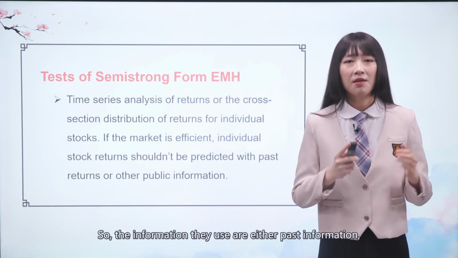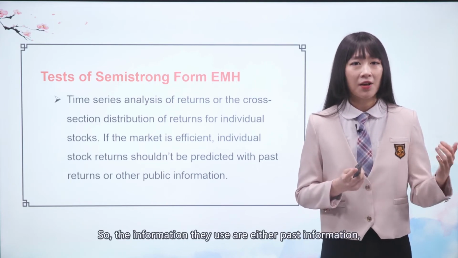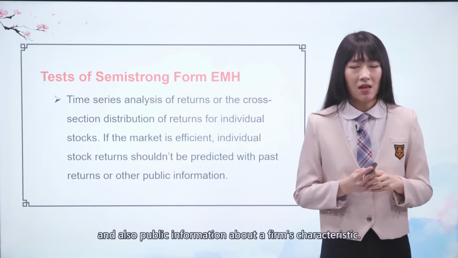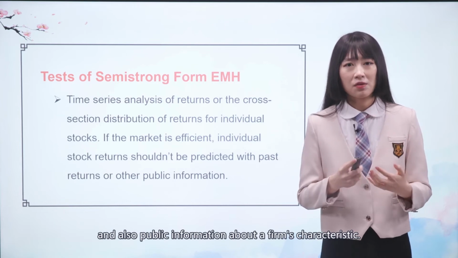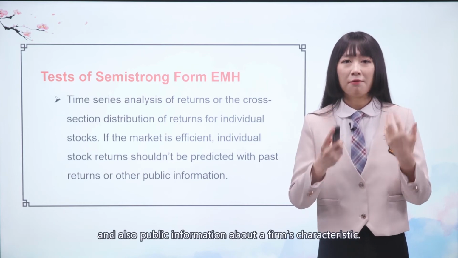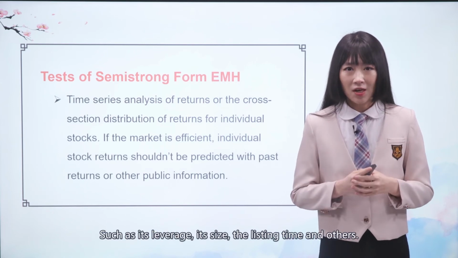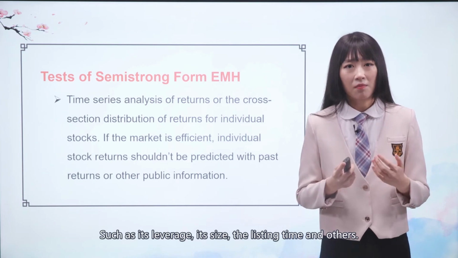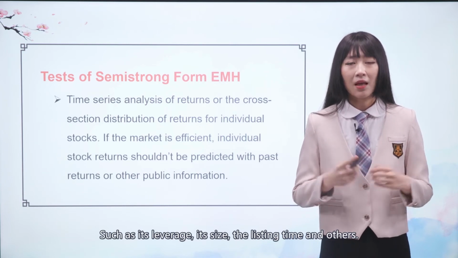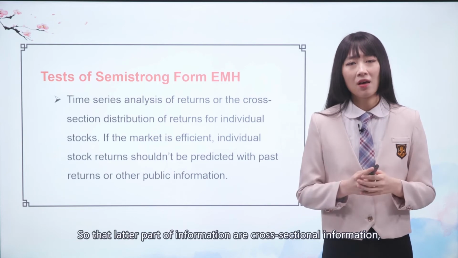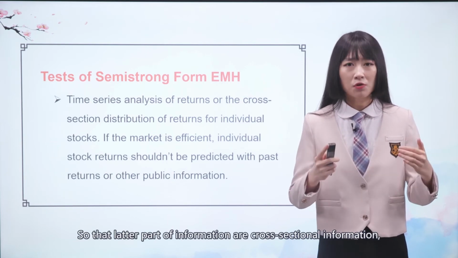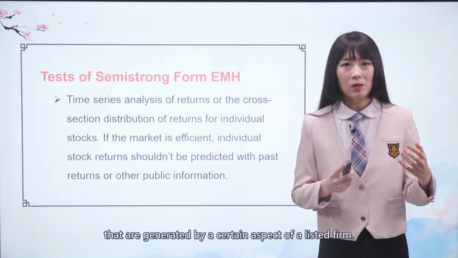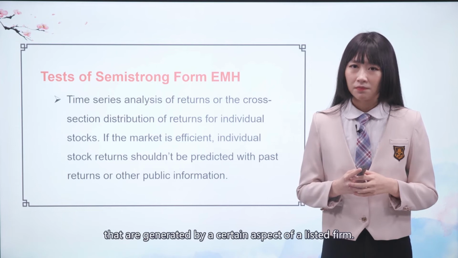The information they use is either past information, that's timeline analysis, and also public information about a firm's characteristics, such as its leverage, its size, the listing time, and others. That latter part is cross-sectional information generated by a certain aspect of a listed firm.